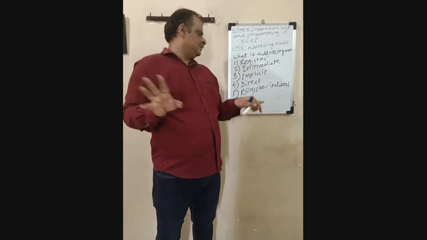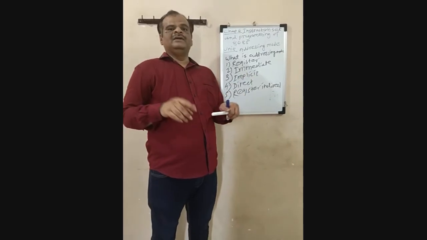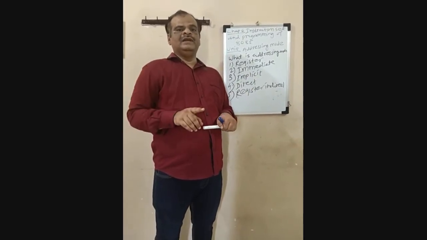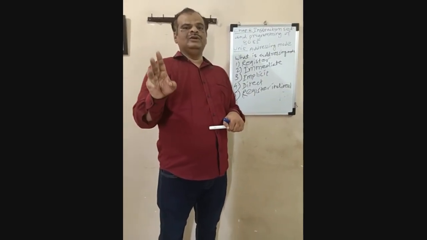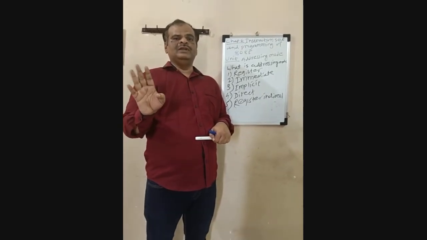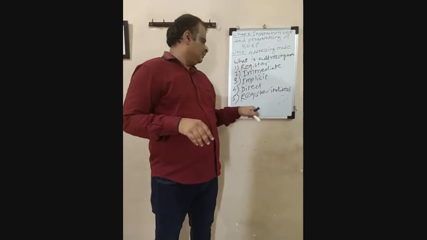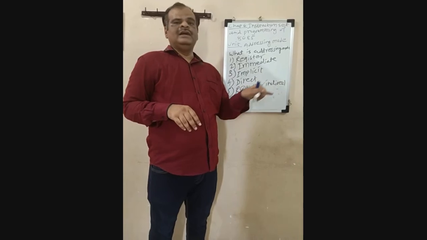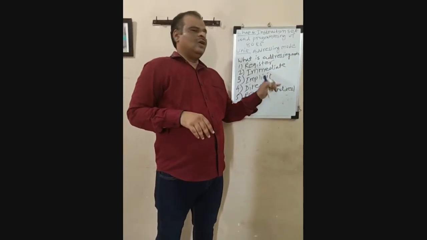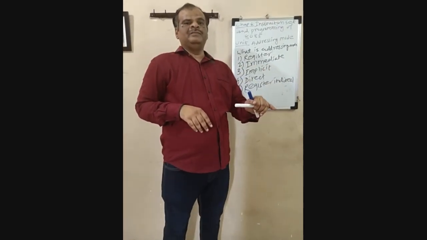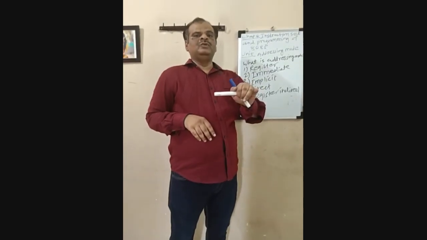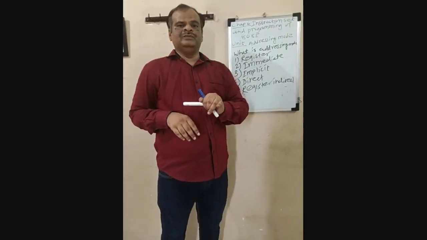Implicit: the operand is absent. Direct: 8-bit or 16-bit data is used immediately after the opcode, with no intermediate register. And register indirect: the operand is a register pair which points to its own memory location.